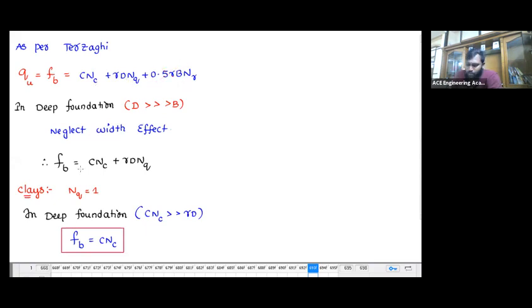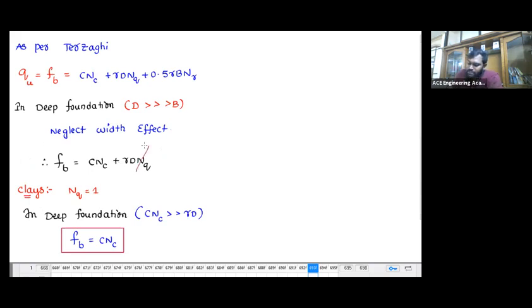Now, what remains is qb, which is cNc plus gamma D Nq. But in the case of clays, phi is 0 and Nq, the bearing capacity factor, is equal to 1.